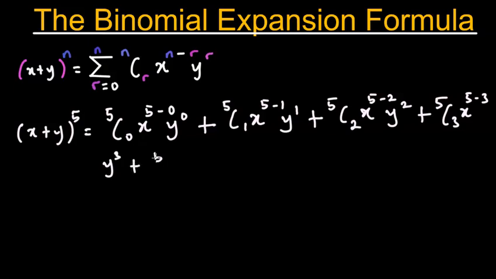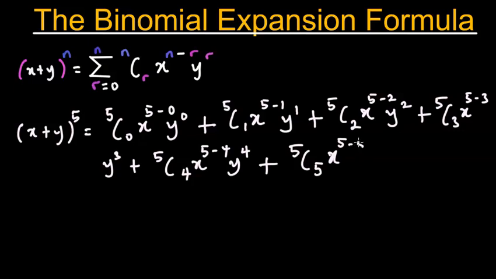Plus 5 combination 4, the first variable x to the power of 5 minus 4, second variable y to the power of 4. Plus 5 combination 5. And this is where we stop because we're going from 0 to n. Our number of terms is 5, so we stop at 5 combination 5. The first variable x to the power of 5 minus 5, the second variable y to the power of 5.